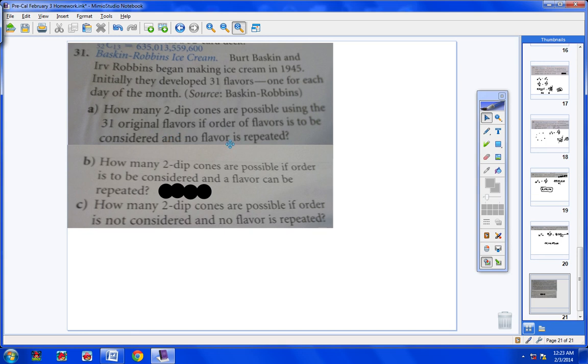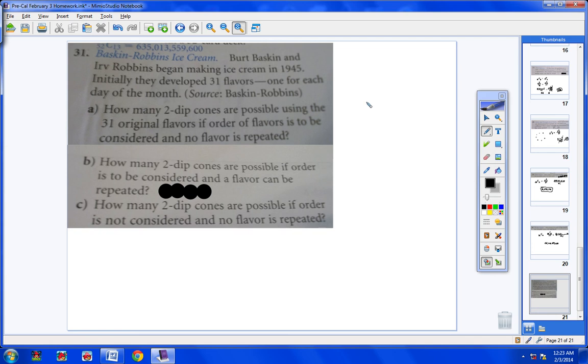Now listen, if order of flavors is to be considered, so we are worried about order, and no flavor is repeated, so no repeats. So now think about that. That's permutations, guys, because it says order is to be considered, so order is important.